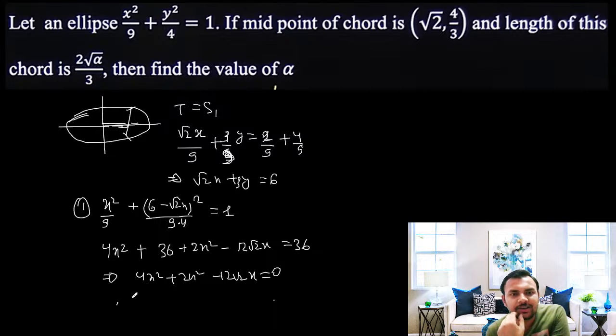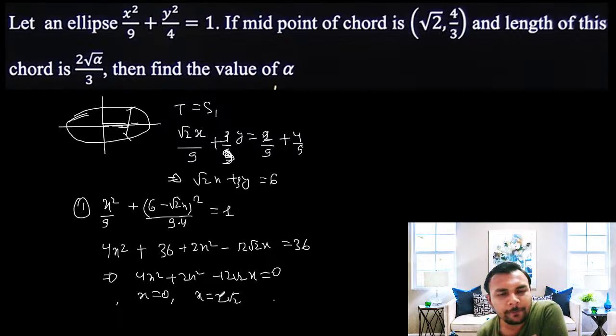We can say that x is equal to 0 or 6x square, so x is equal to 2 root 2. So x equal to 0. In 6x square, we can take 6x common, x minus 2 root 2. Okay, so this is the value.